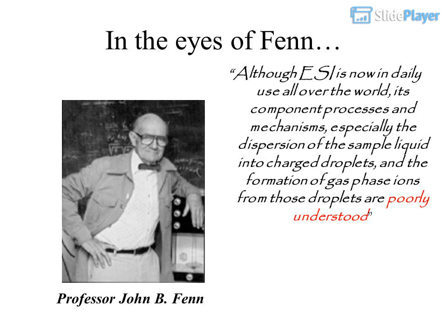Although ESI is now in daily use all over the world, its component processes and mechanisms, especially the dispersion of the sample liquid into charged droplets and the formation of gas phase ions from those droplets, are poorly understood. Professor John B. Fenn.